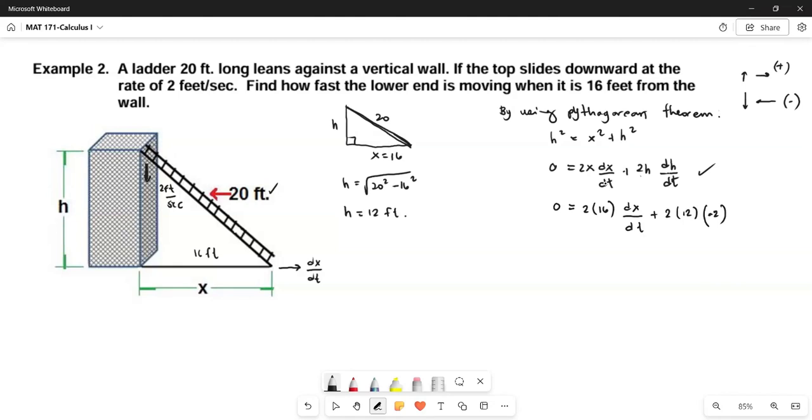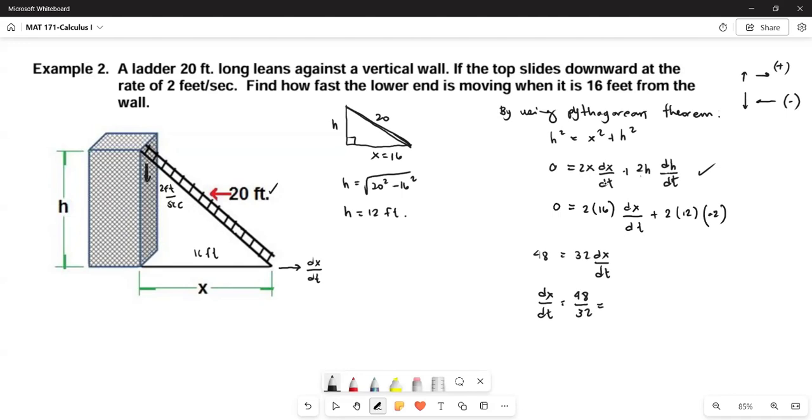So ngayon, solve natin, lipat natin sa kaliwa itong part na to. Okay, so magkakaroon ka ng 2 times 2 is 4, 4 times 12 is 48, is equal to 2 times 16 is 32 dx over dt. And then dx over dt is equal to 48 over 32 para divide both sides by 32.